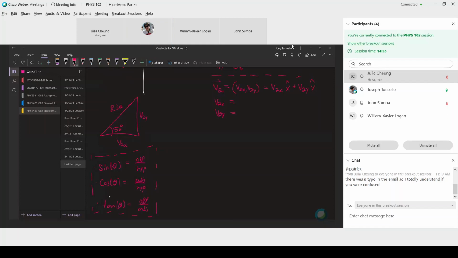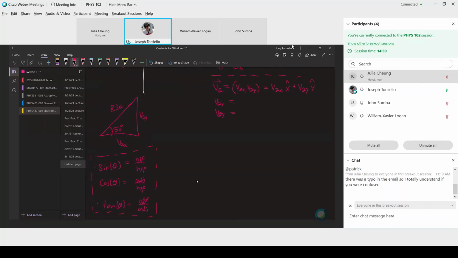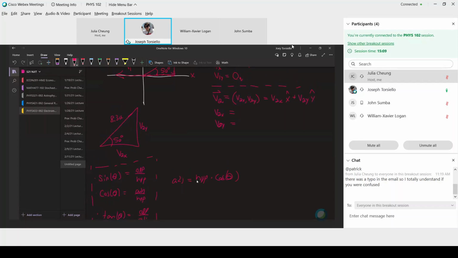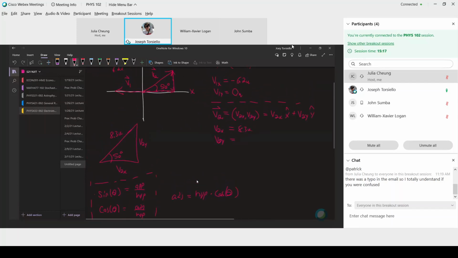Yeah, basically. So you just use cosine. The way you solve it is the adjacent is equal to the hypotenuse times cosine theta, just by the equation itself. So v2x is just the hypotenuse, which is 8.3 units, times cosine of theta, which in this case is 50 degrees.